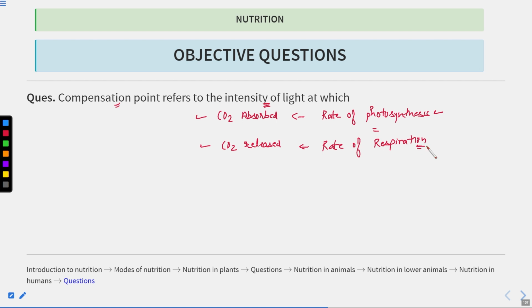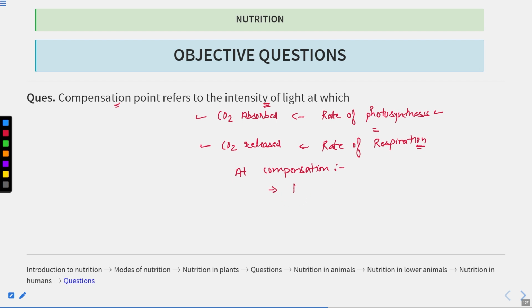Now what happens at the compensation point? The amount of carbon dioxide utilized during photosynthesis is equal to the amount released during respiration. So what should happen because of this?